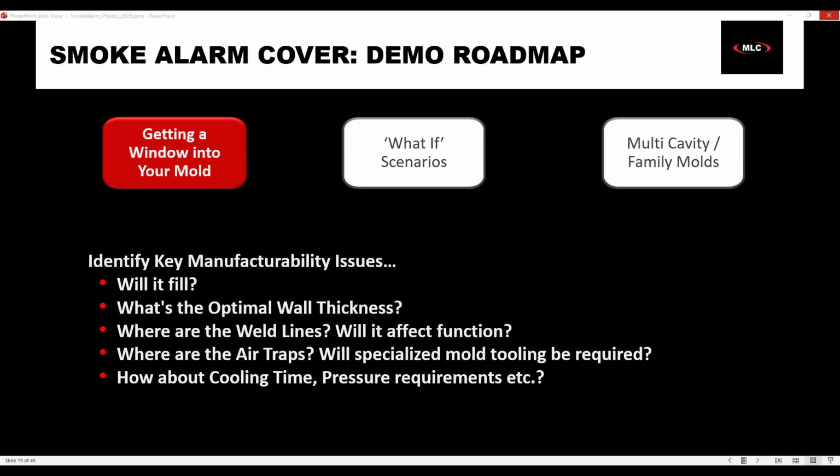We also can see something in here called air traps. This is a little bit harder to see on the screen, but there are these little purple dots that appear where there could potentially be an air trap. Now, these dots are scaled. So when you have a larger dot, it means it's more likely to happen or it's an area of concern.